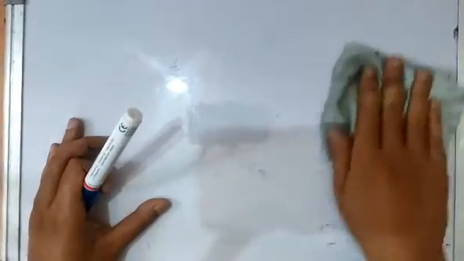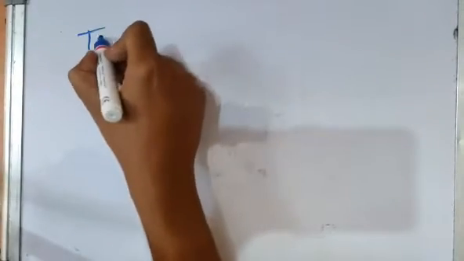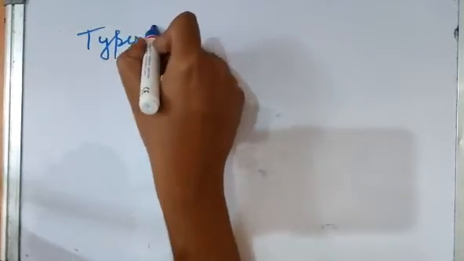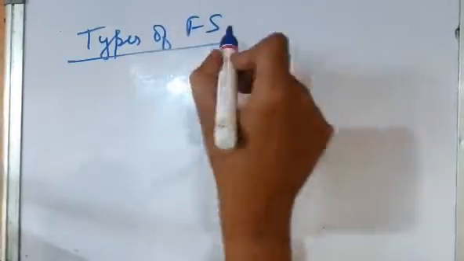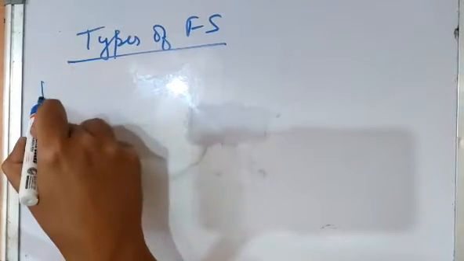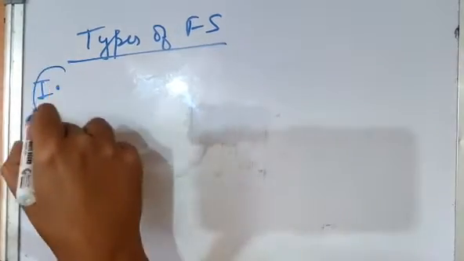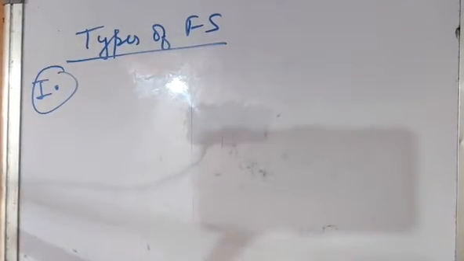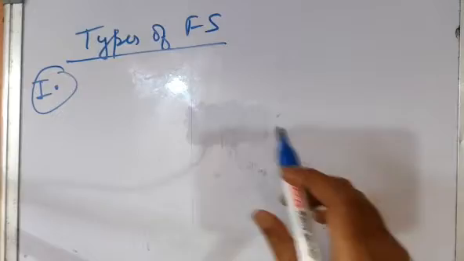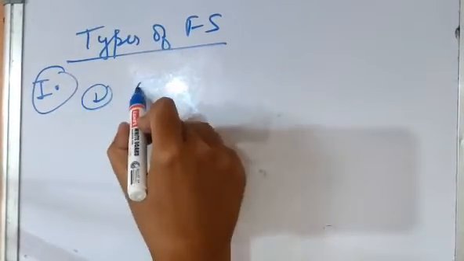Moving on, types of farming system. What are the major types of farming system? Number one, on the basis of crops or growing habits, you can divide it into arable.